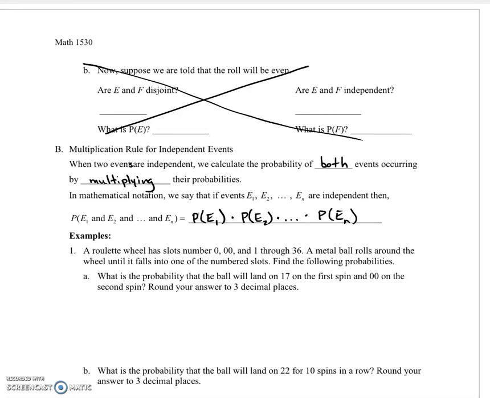So when we see this and we're talking about independent or dependent, again, remember that usually means multiple trials.